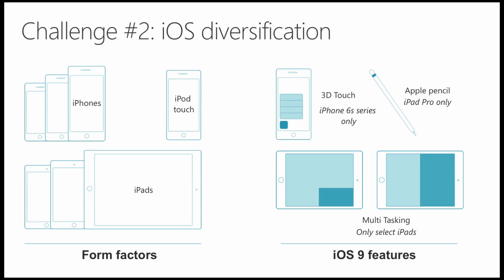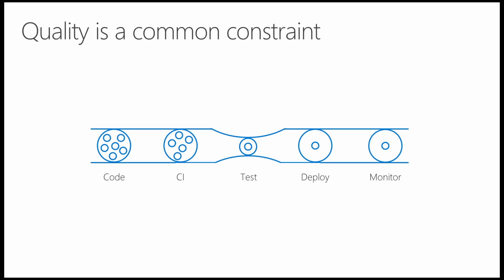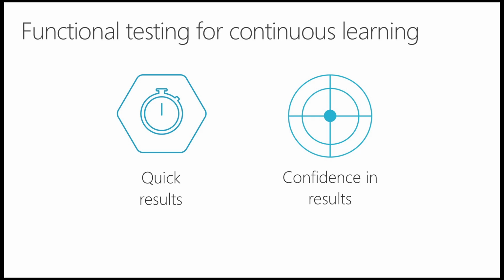What these two challenges mean is that lots of mobile development teams are going to see quality as a very common constraint. They're going to learn to code and build very quickly, but when it comes time for quality, they're going to see these same issues. Now, what they need to do is have great functional testing. If you have great functional testing, you will be continuously learning because you can automate what your users are actually doing.